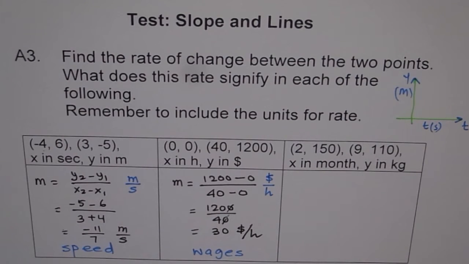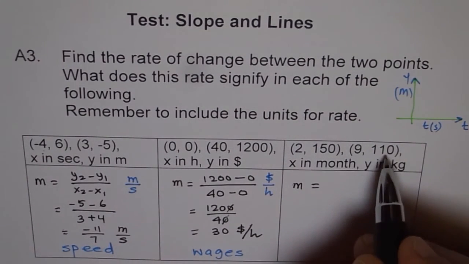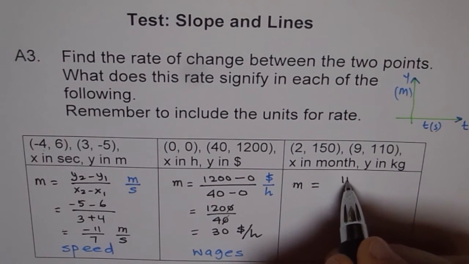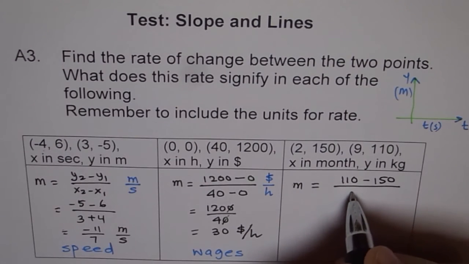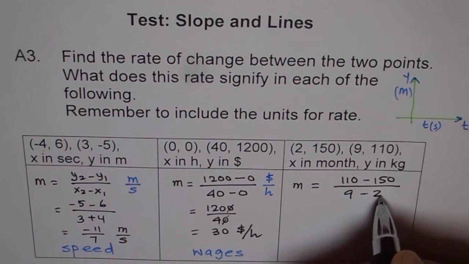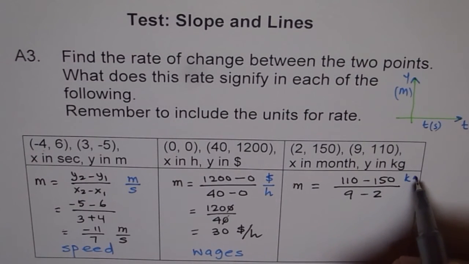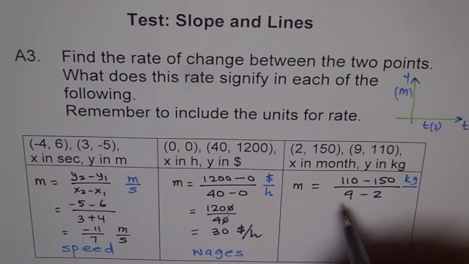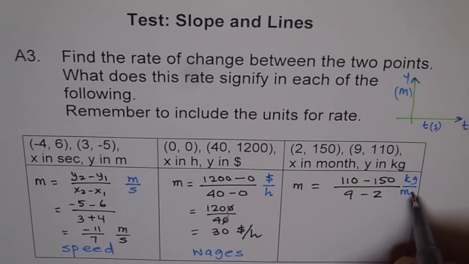There could be other rates also, right? One of them may be wages. Next one is slope m equals y2 minus y1. So we get 110 minus 150 divided by 9 minus 2. And the units: y is kg. So remember, y is on the top, the numerator, and the denominator is x. X is in months, let's say.